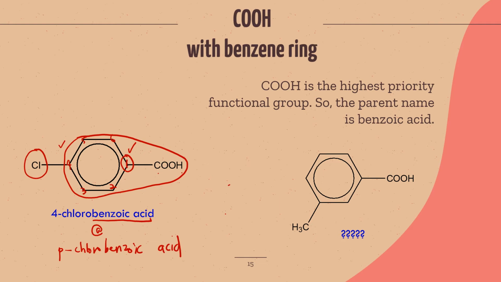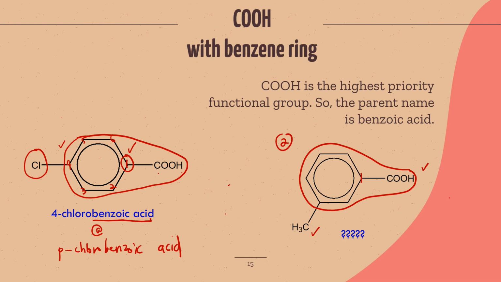And for the second structure di sini, kita ada benzene ring that having COOH dan juga methyl. So since kita ada 2 different substituents on this benzene ring, maka seperti biasa awak kena check priority of the group. So di sini priority of the COOH is higher than the methyl, so the carboxyl here can combine with this benzene ring to get a new parent name, iaitu benzoic acid.